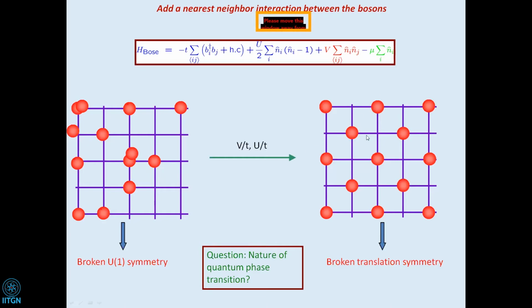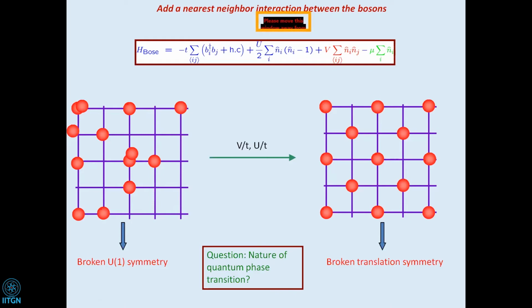Of course, since here you break more than one symmetry, that is, in the Mott phase you break translational symmetry, and in the superfluid phase you break U(1) symmetry, there is a question regarding the nature of the quantum phase transition in between them, and this is something that people have looked into. But there are experimental ways of doing this, and both have problems. What's the problem?